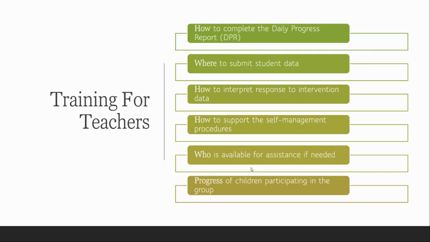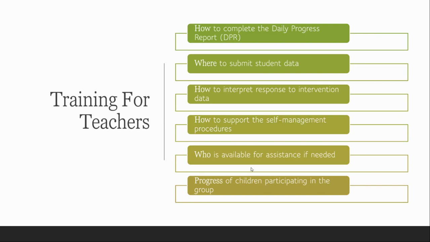Some training for teachers that interact with those students participating in that social skills intervention group is first, how to complete a daily progress report. Remember, that is going to be one of the primary methods for collecting data, so teachers really need to understand how to complete that report.